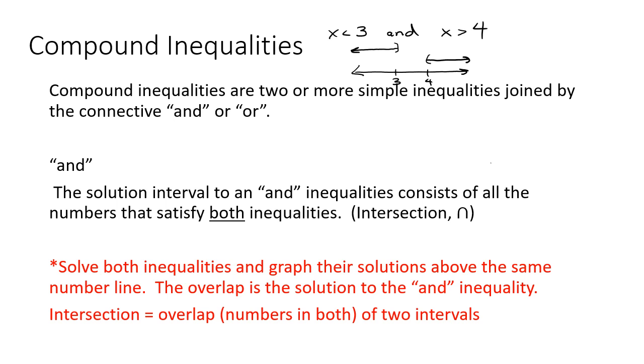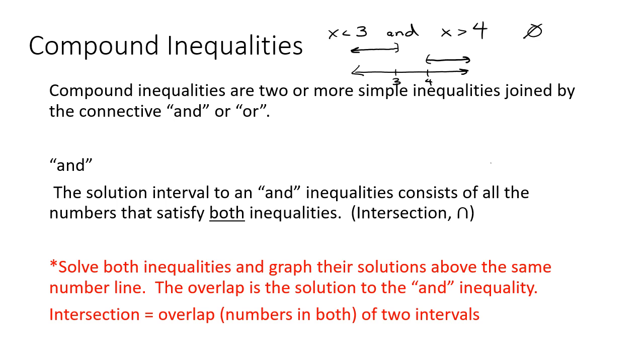Then the numbers that satisfy both inequalities are where the two solutions overlap with each other. In this case, these solutions don't overlap at all. So this would be an example of a compound inequality with no solution, which happens sometimes. But the overlap between the two will be your final answer to the and compound inequality. That will be the region where the numbers satisfy both inequalities at the same time.